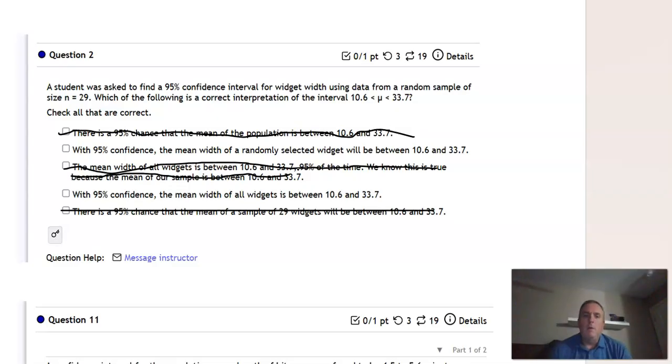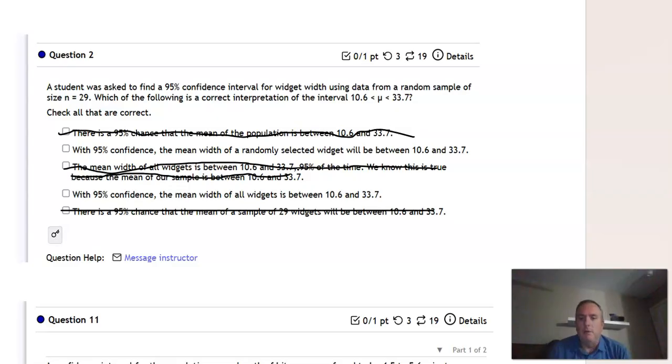Well, when we say that we're 95% confident about a confidence interval, what that means is if we were to repeat this process or this experiment over and over again, if we're able to take these samples of size 29 over and over again, good representative random samples from this population, we take these samples, we calculate the sample mean of the widths, and we record them.